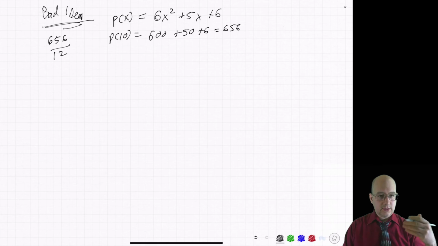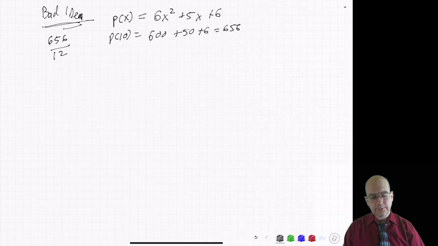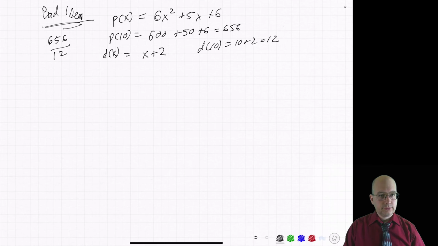That's 10 squared, 10, 10 to the 0, 1. In the setup, our divisor, we'll call that d of x, will be x plus 2. And of course, d of 10 would be 10 plus 2, or 12, right?